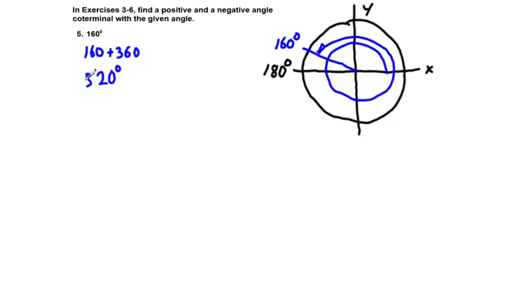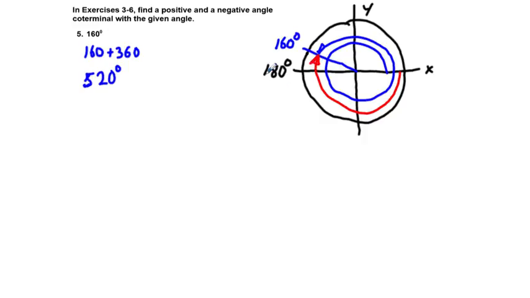So that's going to be our positive angle that is coterminal with 160 degrees. Now for our negative angle, we're going to go clockwise instead. And here it is in red, coming clockwise. This is a negative direction.